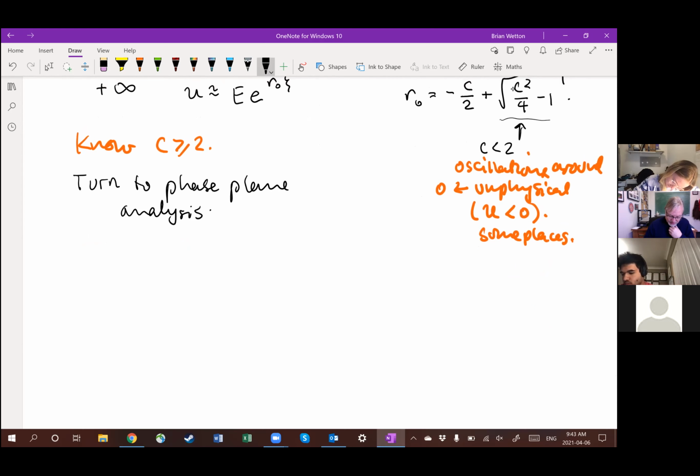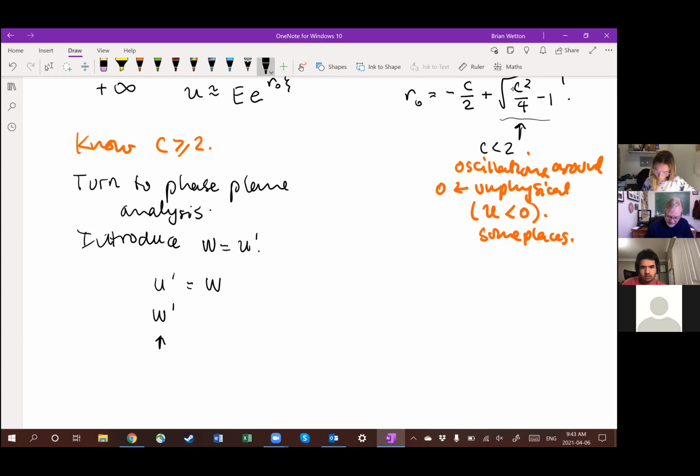So we introduced w is equal to u prime. This is the game you also have to play if you want to solve second order ordinary differential equations with numerical methods. You have to turn them into a first order system. And so my first order system will be this.